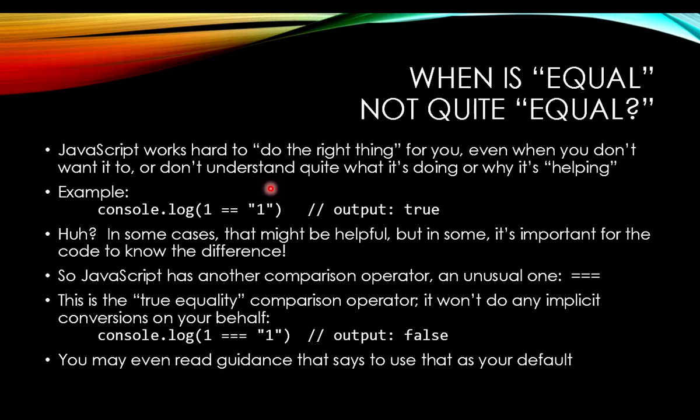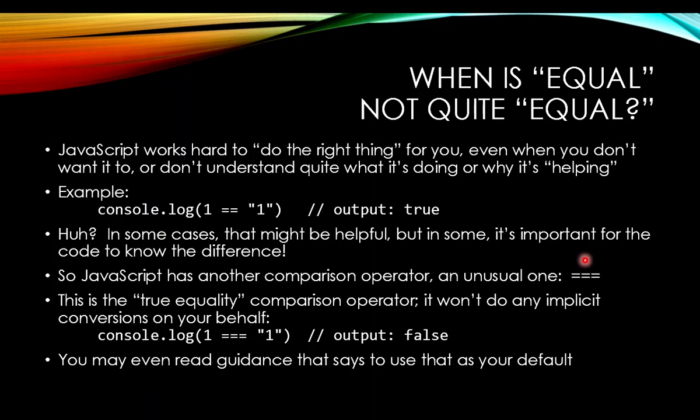So you have the choice of either converting it yourself, as we'll see in a bit, but another thing you can do is use this unusual comparison operator that JavaScript has that you don't see in a lot of other languages. In fact, I can't think of one right now that does exactly this, and that is triple equals. So when you're comparing equality, if you put 3 equal signs right together, what it's saying is really, truly equal.